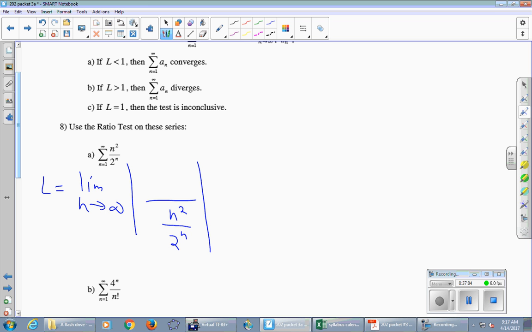Upstairs, you put the next term in the series. That means all the n's become n plus 1s. So up here, what do we get on top? n plus 1 squared, right? All the n's become n plus 1s. Downstairs, 2 to the n plus 1. Everybody see that?